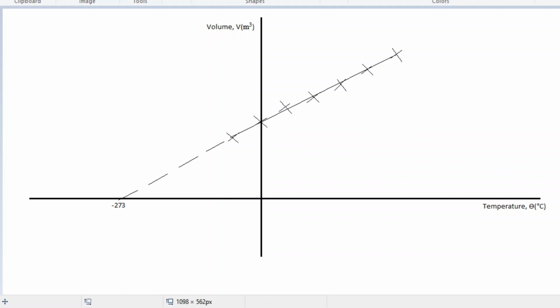It cannot go below zero. The lowest it can be is zero. And so he extrapolated his data and he found that that would correspond to a temperature of minus 273 degrees Celsius. So that is how the volume of a gas related to its temperature led to the Kelvin scale and ultimately absolute zero.